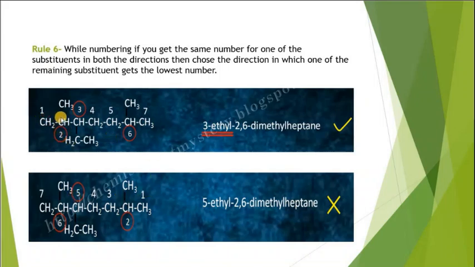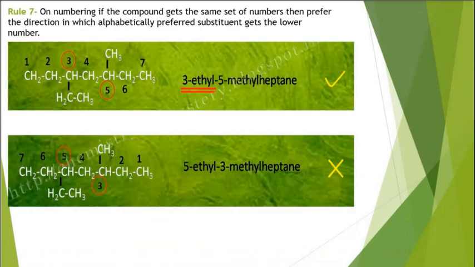We will have to choose the chain in which the ethyl group is getting the lower number. So the correct name of the compound is 3-ethyl-2,6-dimethyl heptane.